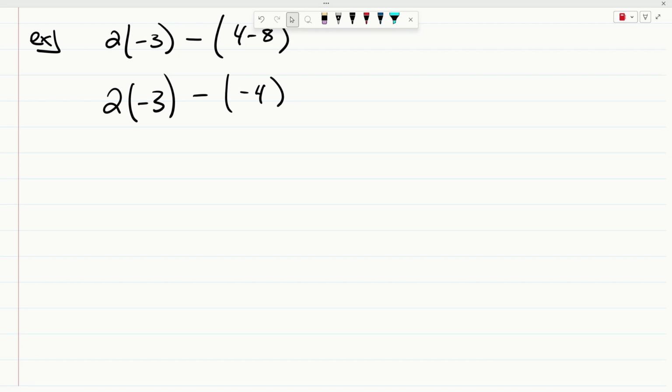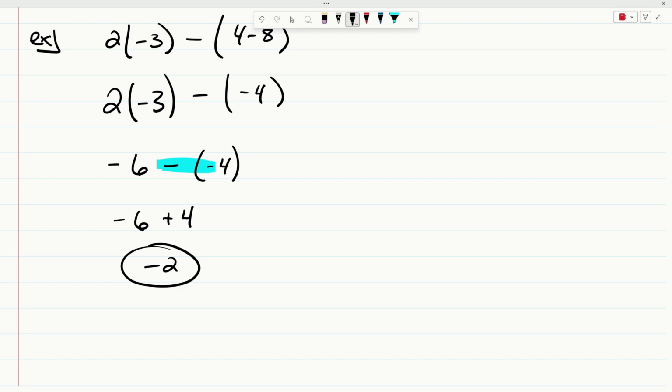I'm not going to do too many things at once. I'm going to keep it nice and straight. So 2 times negative 3 is going to be negative 6. And now, I know a lot of you, we see the two signs back to back. Use your table. When you have a negative and a negative back to back, it makes it positive. And finally, negative 6 plus 4 is negative 2. All right?